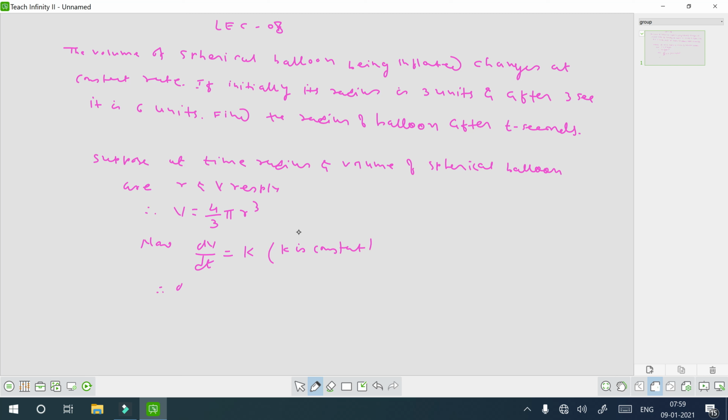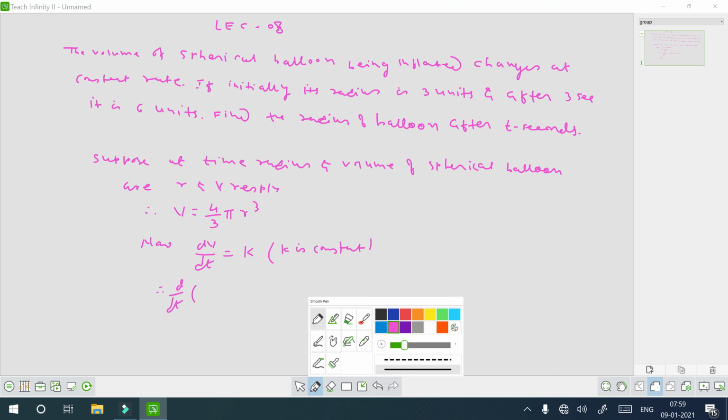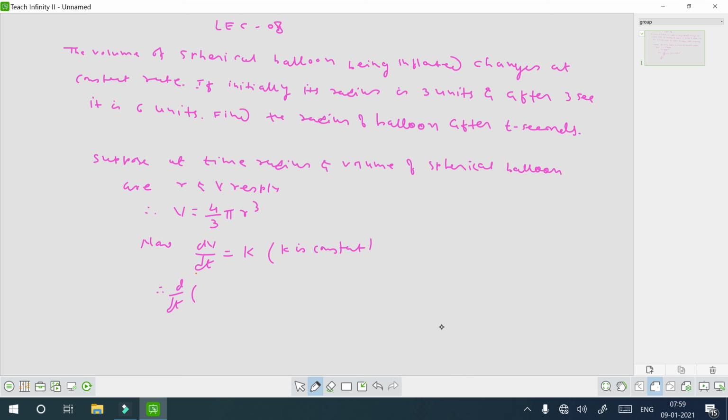And therefore, this is with respect to time. We know that initially its radius is 3 units and after 3 seconds it is 6 units. That means it depends on time. So we are differentiating with respect to time. d by dt of 4 by 3 pi r cube is equal to k.